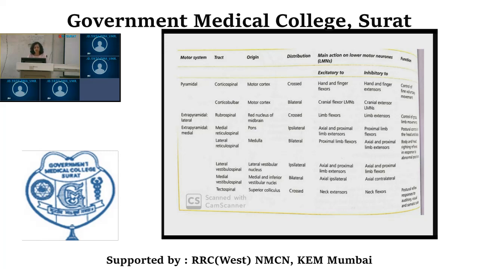Whereas the medial vestibulospinal tract originates from the medial and the inferior vestibular nuclei. They are bilateral in distribution and supply the axial ipsilateral muscles, and they are inhibitory to axial contralateral muscles. They are mainly concerned with balancing the body and head during angular acceleration.